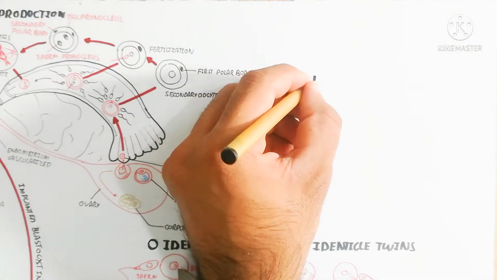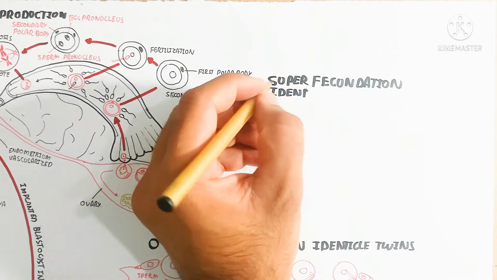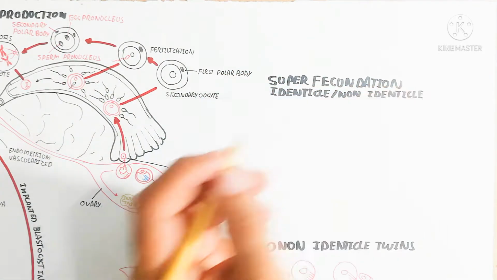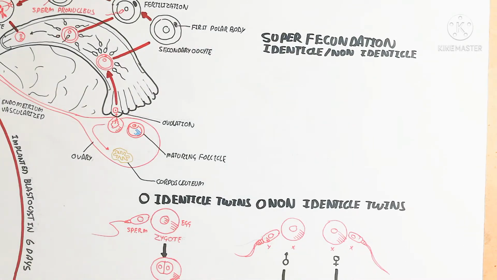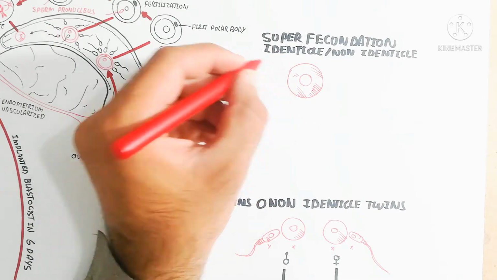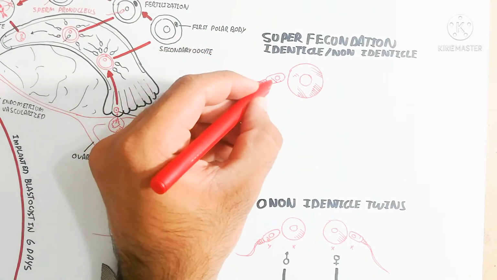It can also produce two males or two females, or one male and one female, so it depends.